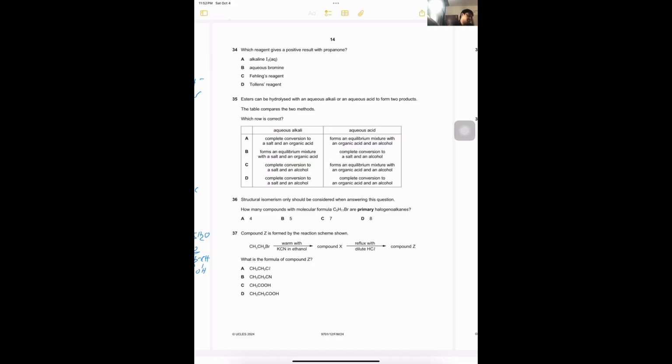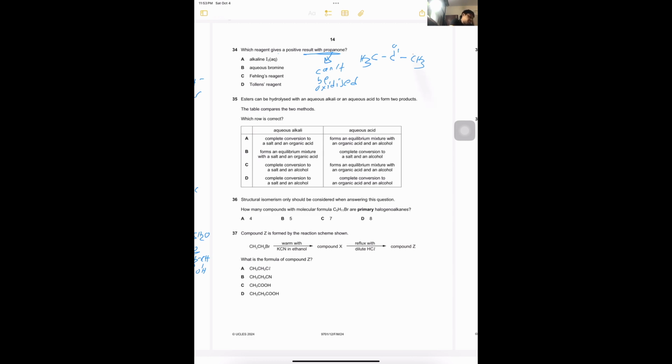Question 34. Which reagent gives a positive result with propanone? So propanone is something that cannot be oxidized. Let's draw the structure of propanone first, CH3 and H3C.